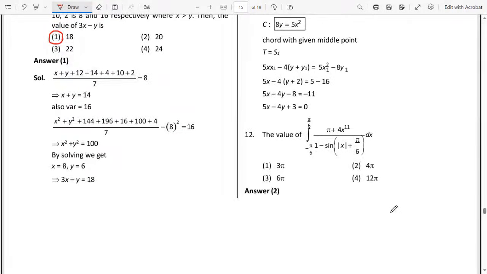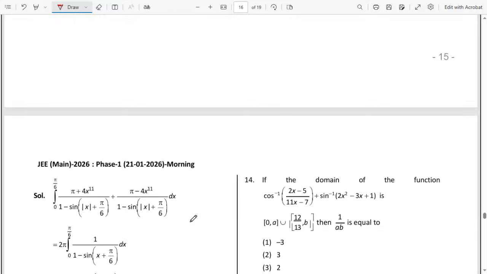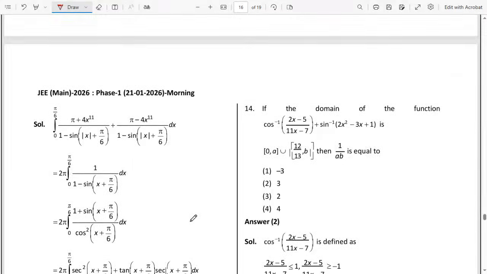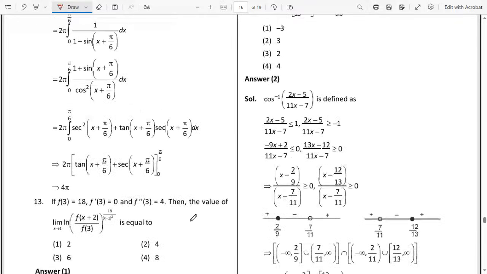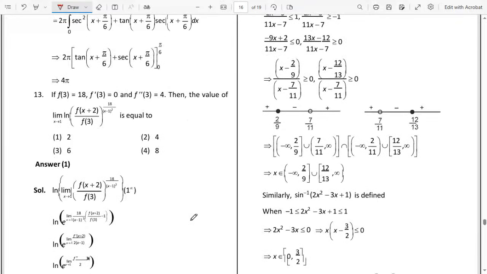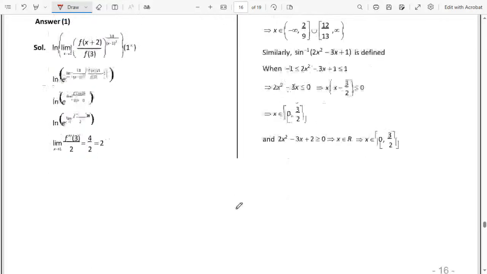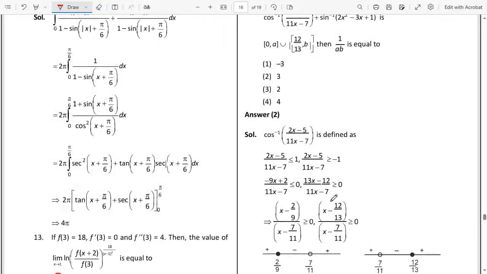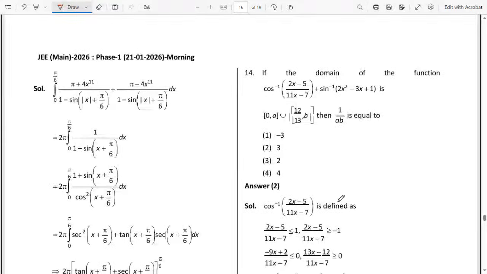Question number 12, answer 2 is correct option students. Question number 13, option number 1 is correct option students. Question number 14, option 2 is correct option students.